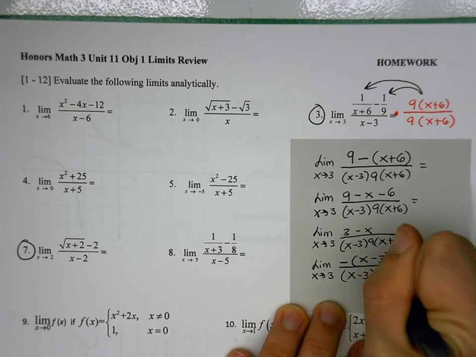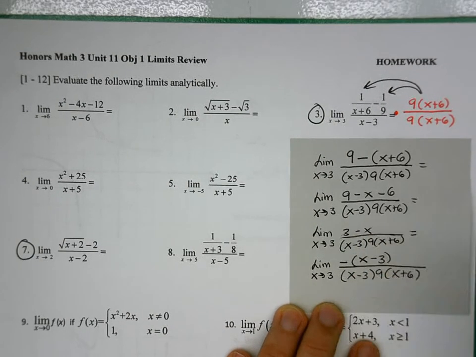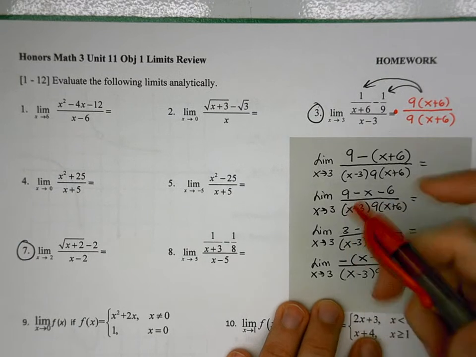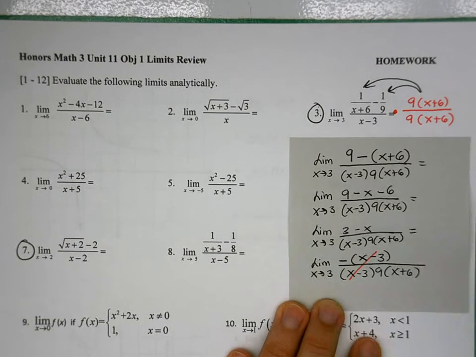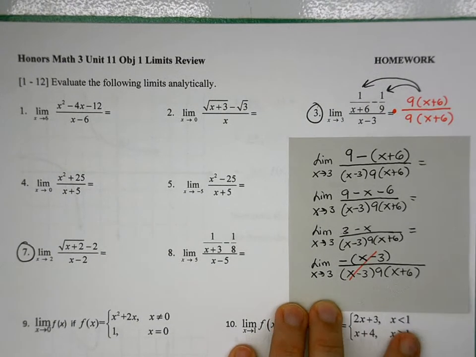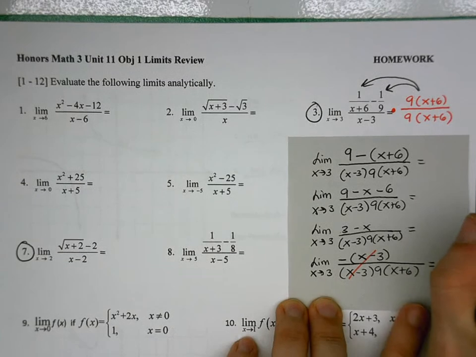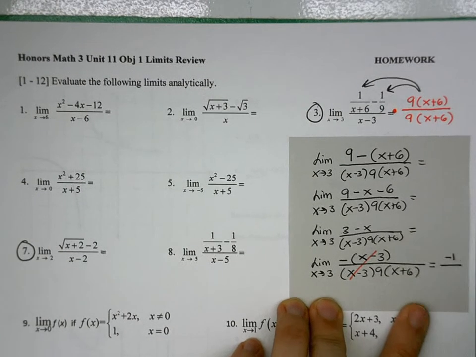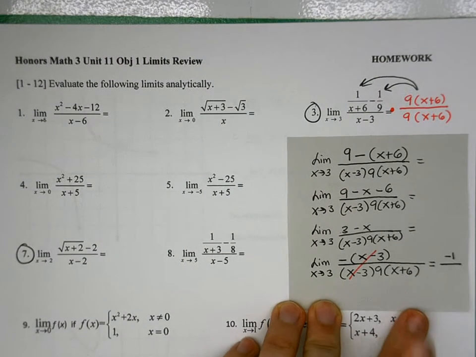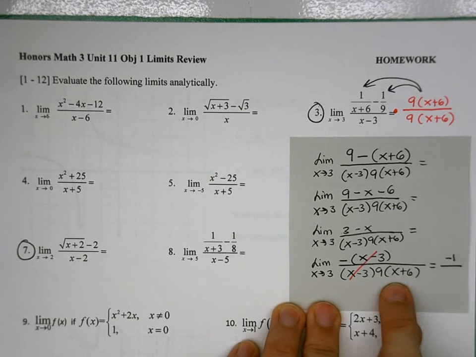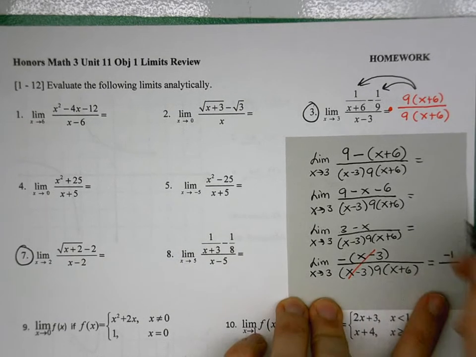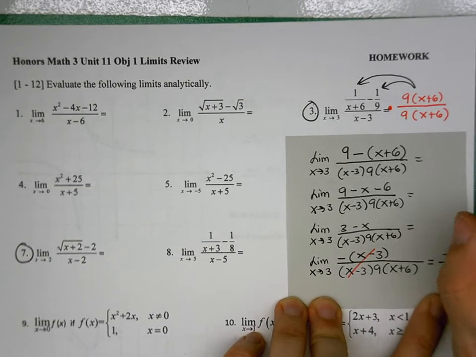I therefore am then allowed to simplify. My x minus 3's would cancel. I'd have a negative 1 left on top. And on bottom, I would have a 9 times, plug in my 3, 3 plus 6 is 9. 9 times 9 is 81.